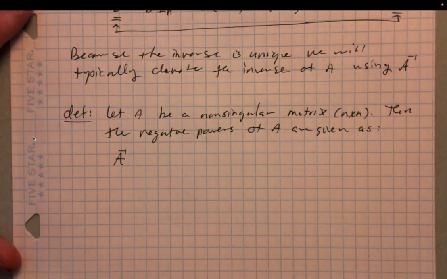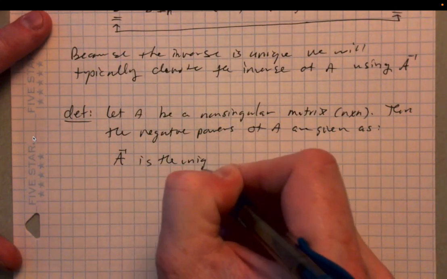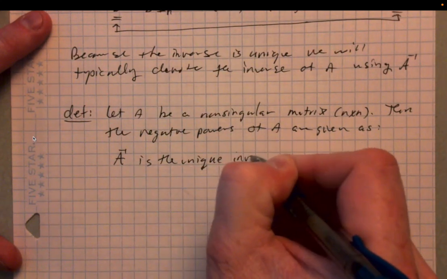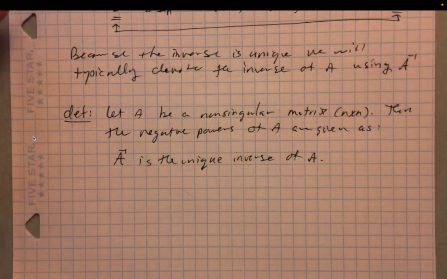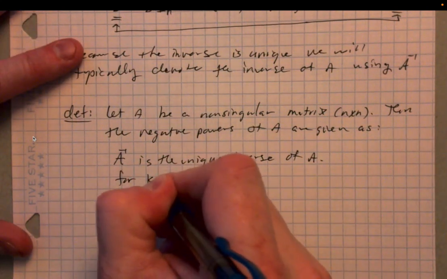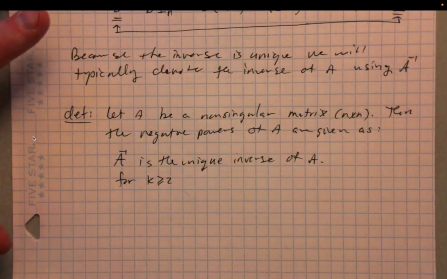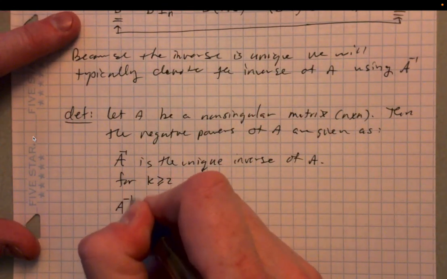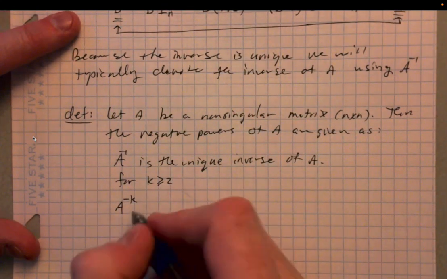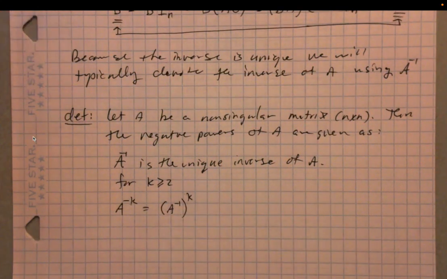A inverse, this is the unique inverse of A. Then for k greater than or equal to 2, for all the other negative integers, A to the negative k is just equal to A to the negative 1 power raised to the k power.